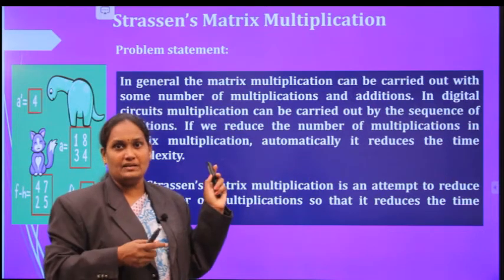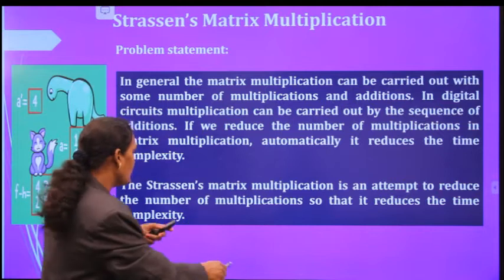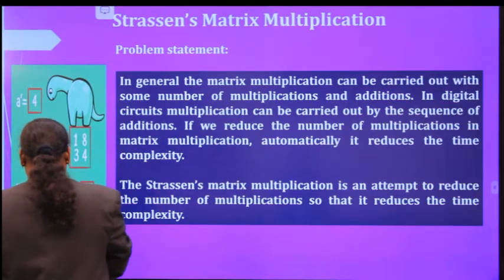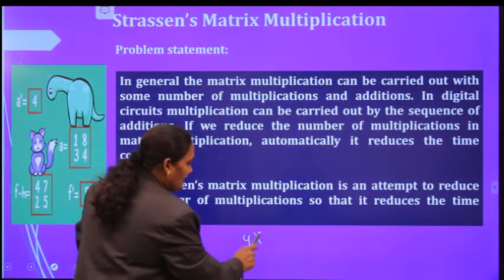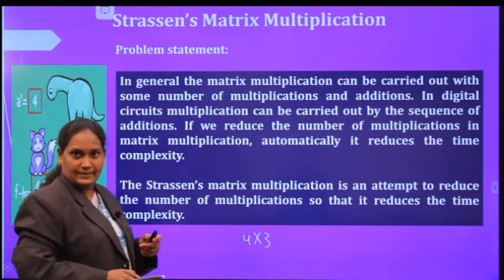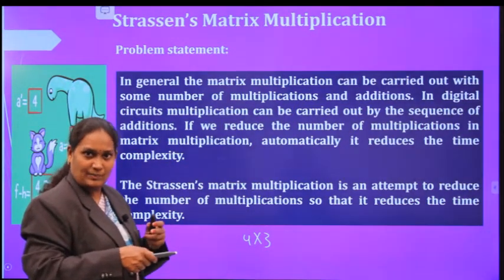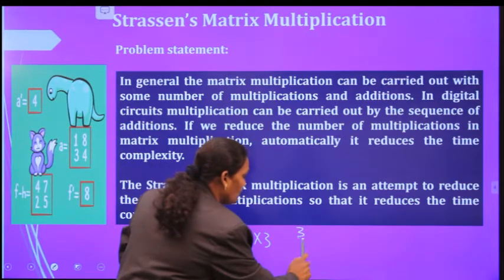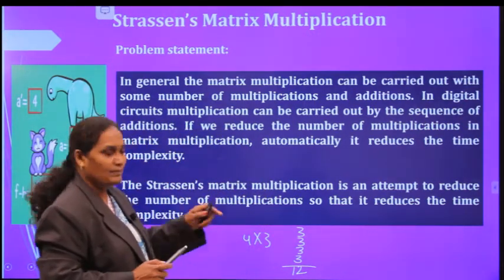For example, if you want to find 4 threes, the multiplication of 4 into 3, how can this multiplication be performed in a digital circuit? It goes by taking 4 threes and adding them to get the multiplied value.